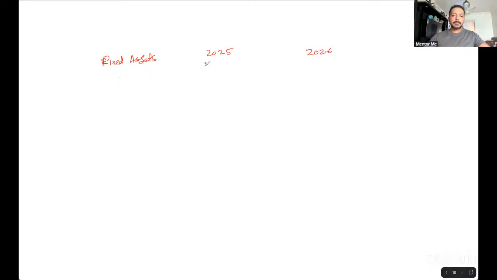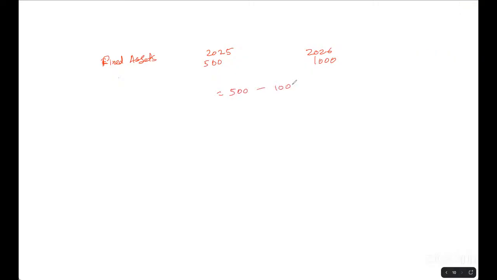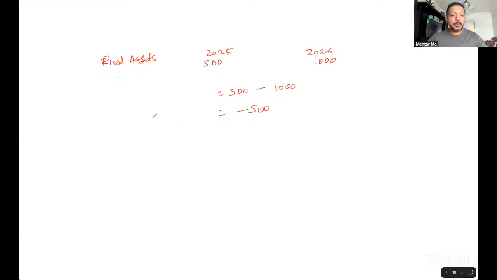Fixed assets, let's say, was 500, and this year your fixed assets increased. So last year minus this year: 500 minus 1000. As a cash flow, you have invested minus 500, which will obviously come in cash flow from investing, but it still gives you the calculation very easily, right?